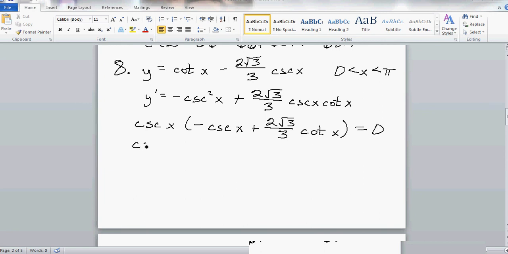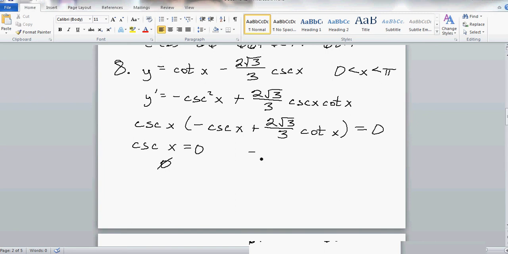So we do have a potential cosecant of x equals 0. The only problem is cosecant of x never equals 0, so that's not going to help us at all. Hopefully somewhere in here this will equal 0. I don't have to deal with cosecants and cotangents.